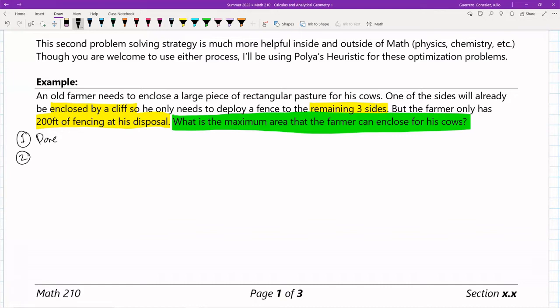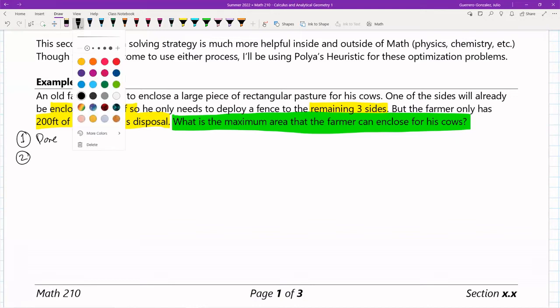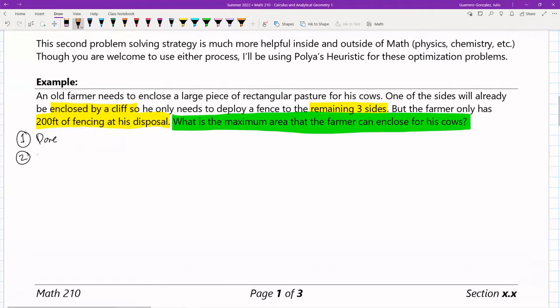So let's go ahead and draw a picture, right? Let me make this a little thicker. Here's our cliff, right? There's our cliff.